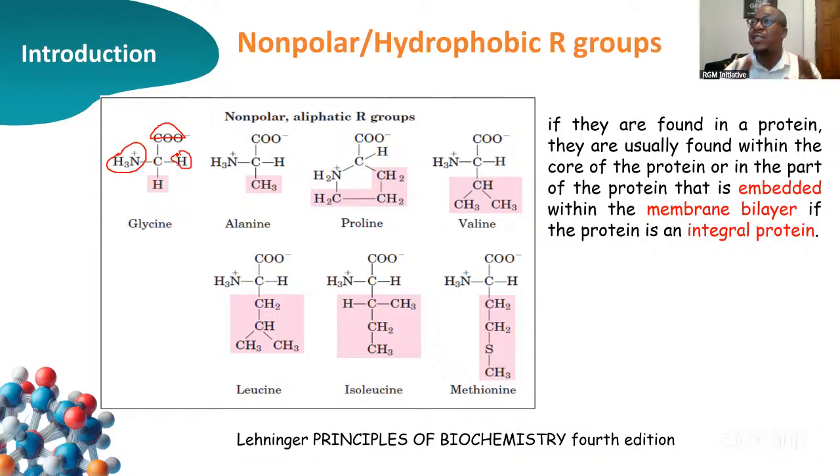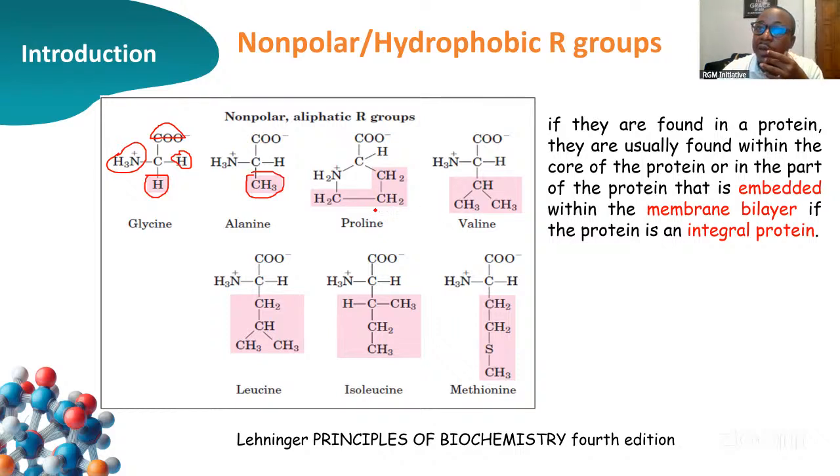These three are constant for the amino acids. The only group that differentiates the amino acid is this group here, which is called the R group. So if hydrogen is placed there, we call it glycine. If a methyl group is placed there, we call it what? Alanine.